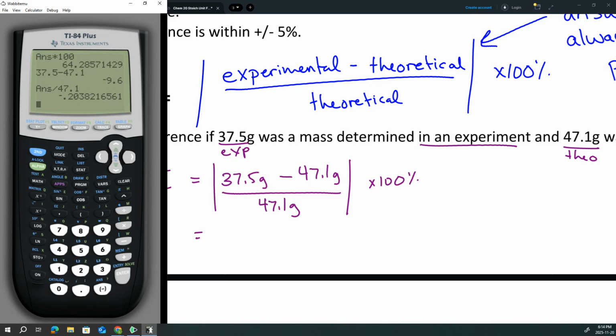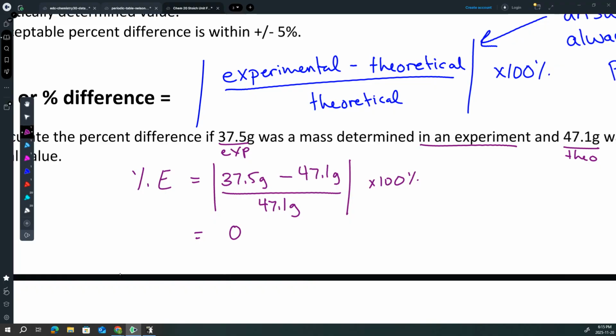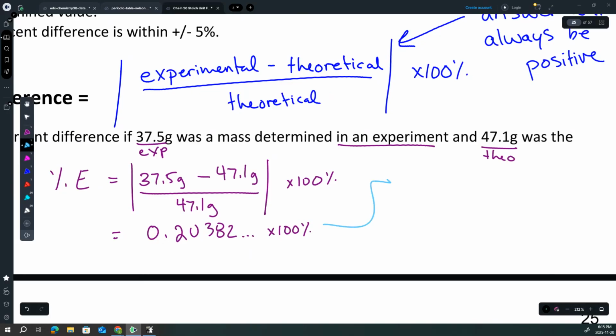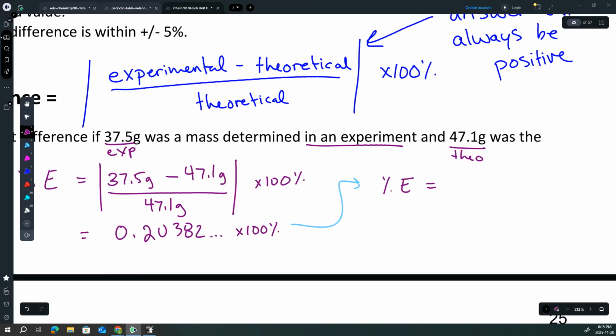If you already have a positive number within the absolute value signs, it remains positive. So we get 0.20382, keeps on going forever, times 100%. So percent error: 0.20382 times 100 gives us 20.382, keeps on going, percent.